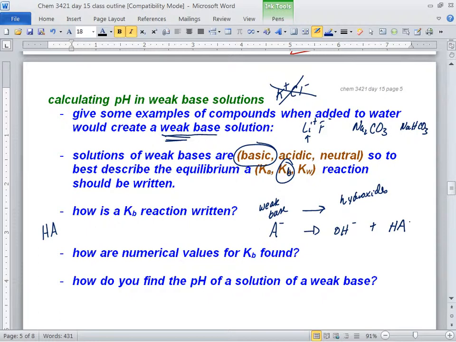Well, what needs to be over here then? What's missing? Water, H2O. Here's your OH and your H. There's your H2O. So our Kb reaction is always H2O plus the weak base gives hydroxide and the conjugate acid. So just know that general format.